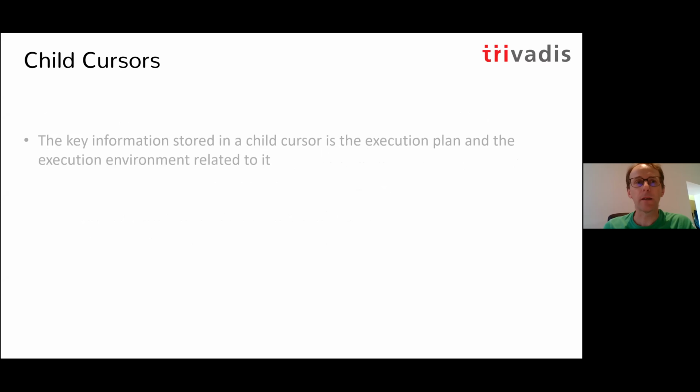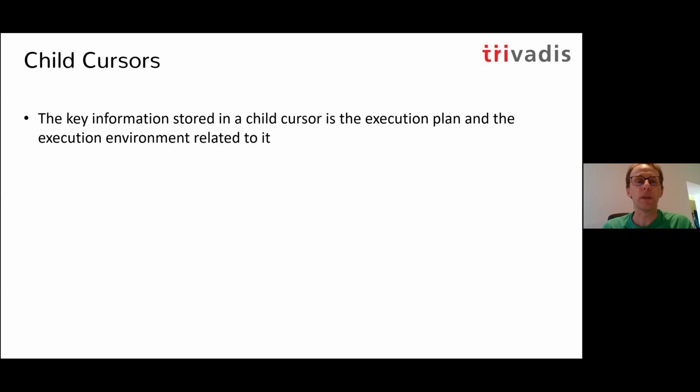So what are the child cursors? Again, there is a lot of stuff stored in them, but the key information is the execution plan, which is used to execute the statement, and the execution environment related to it.